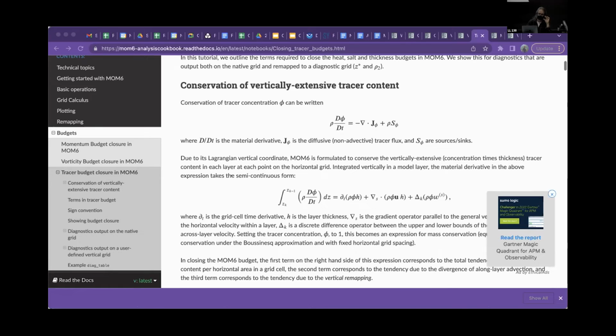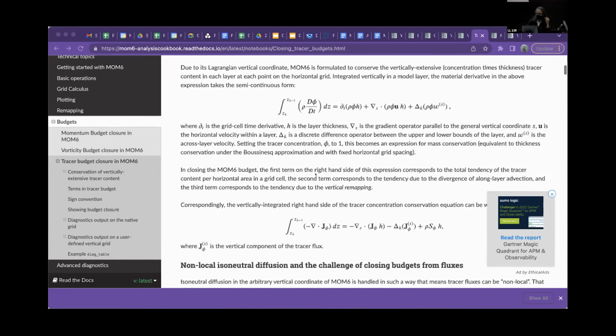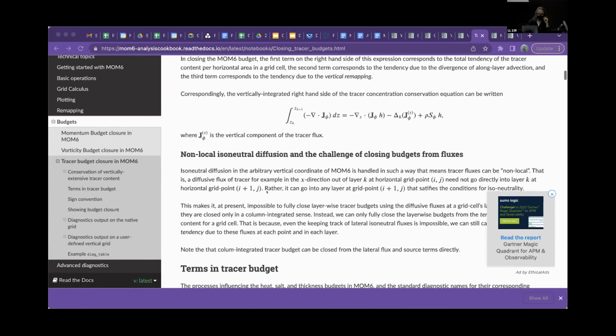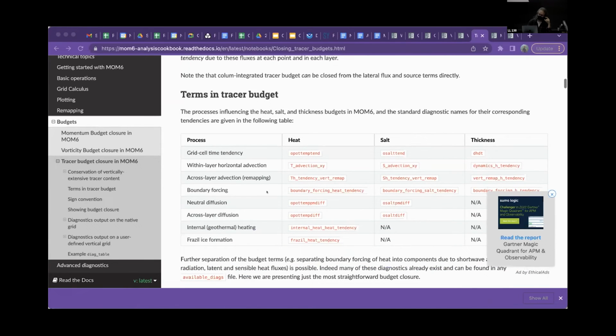So the difference between thickness weighted and not thickness weighted has no distinction, because the thickness in that world is independent of time and space. Whereas in MOM6, it's fundamentally finite volume, and you have to work with thickness weighting when you form your budget equations.